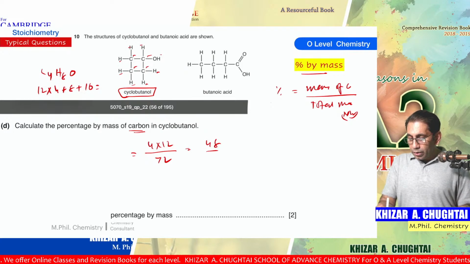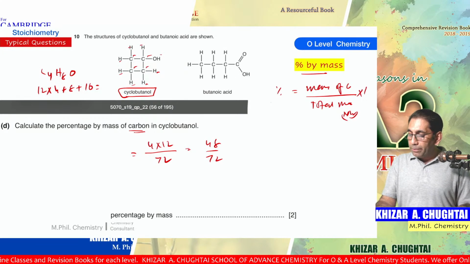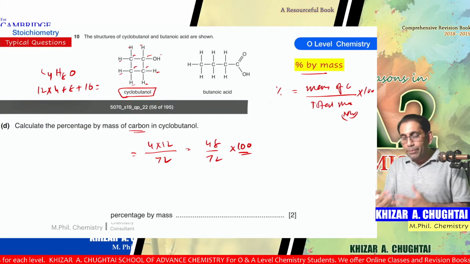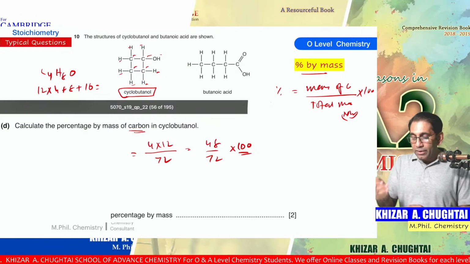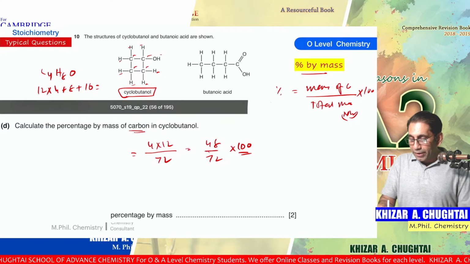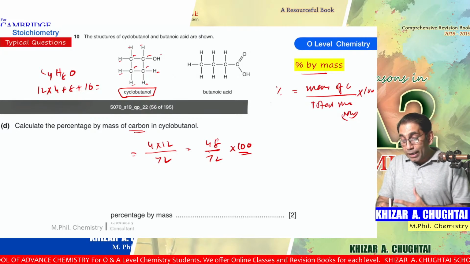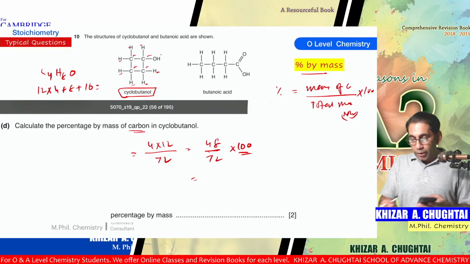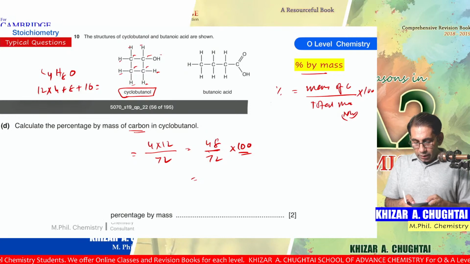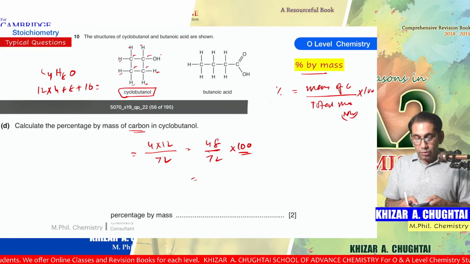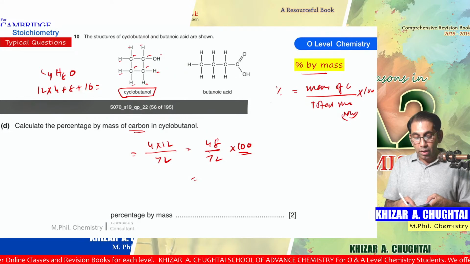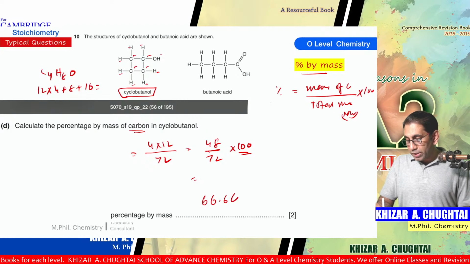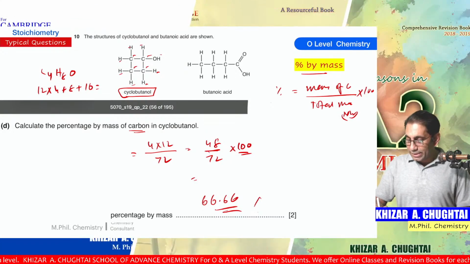So 48 over 72 and multiply by 100 for percentage, since percentage means out of 100. If the total is 72, then 48 gram is the answer. What will be the answer if the total is 100? So 48 over 72 × 100, and the answer is 66.66%.